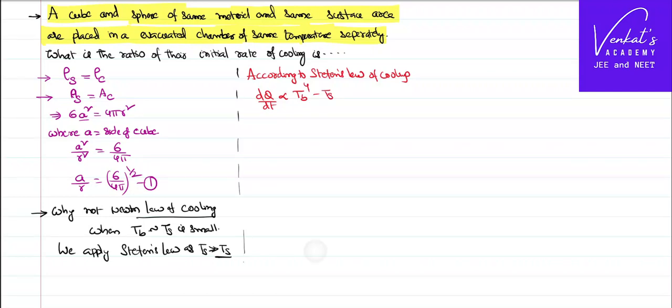Based on the definition of specific heat, dQ can be written as m s dT by dt equals sigma into T of the body power 4 minus T of the surroundings power 4. So the rate of cooling is sigma by ms, into T power 4 minus T0 power 4.